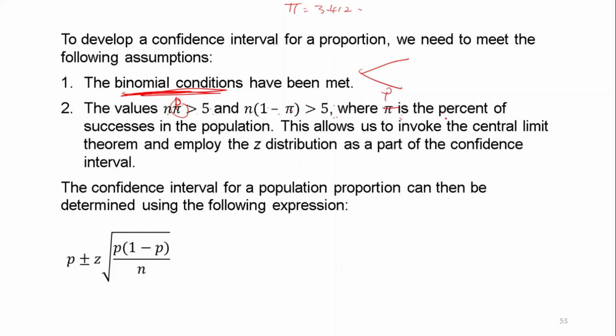This allows us to invoke the central limit theorem and employ the Z distribution as a part of the confidence interval. So this is the formula for the confidence interval for a population proportion.